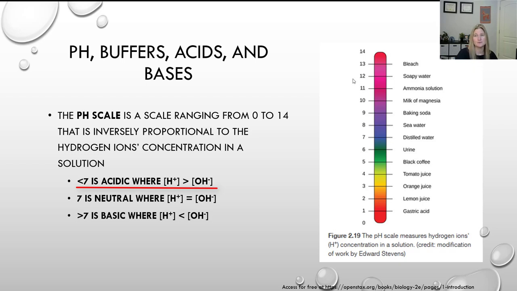If you're doing laundry and you have some soapy water in your washing machine, then that soapy water actually has a greater concentration of hydroxyl ions to hydrogen ions, making it more basic.